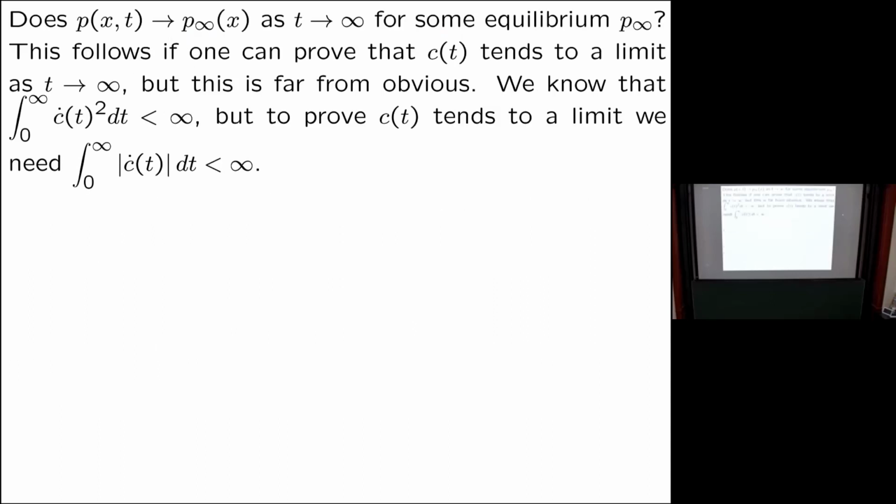So the question is, does P of X and T tend to some equilibrium limit as T goes to infinity? And this follows quite easily if you can prove that C of T, the average, tends to a limit. However, to prove that C of T tends to a limit is far from obvious. What you do know is that the integral of C dot squared is finite.